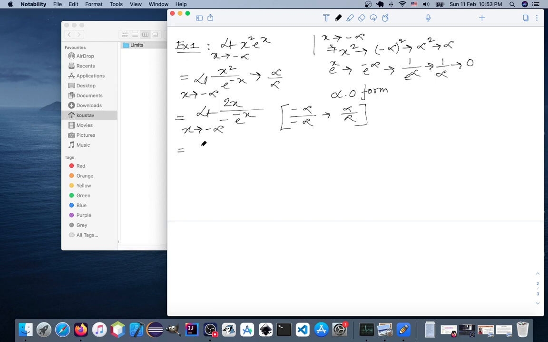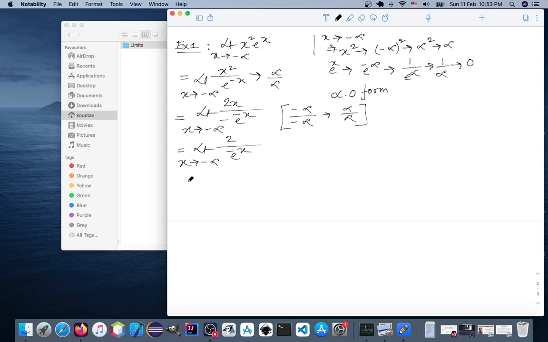We can then apply L'Hopital's rule again and get 2 by e to the power minus x. So at this point, e to the power minus x tends to infinity because x tends to minus infinity.